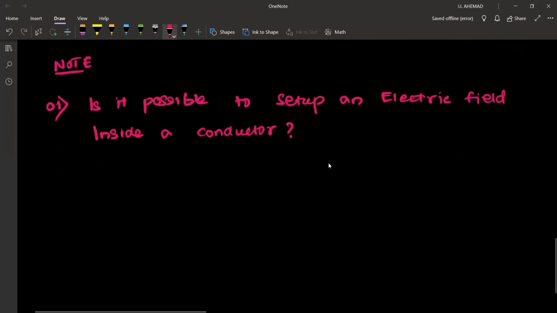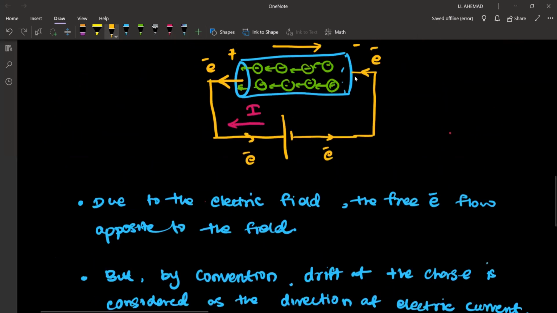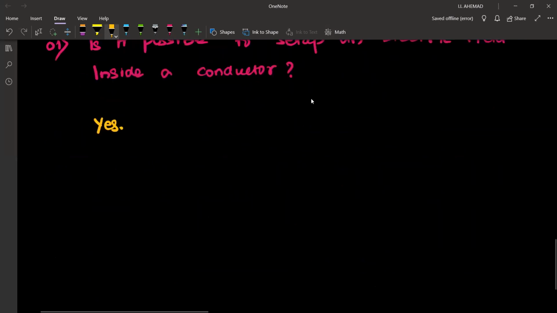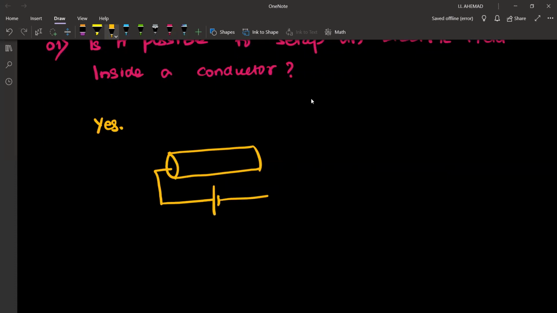So the answer is yes. Here we already have set up an electric field. So the answer is yes. How can we do that?